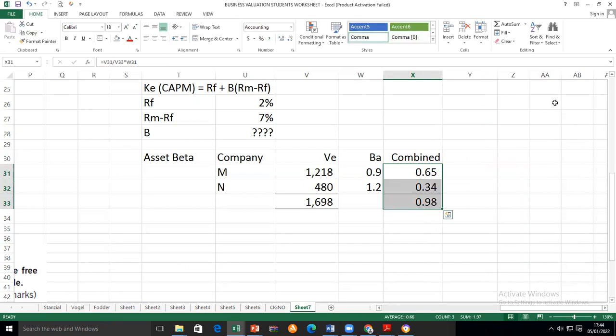We use it to calculate the cost of equity. Since we have the risk-free rate of return and the premium, the asset beta is the one we have to consider to calculate the cost of equity. I'm very happy with your response. It gives us a basis for discussion. Anyone wants to give a further comment?